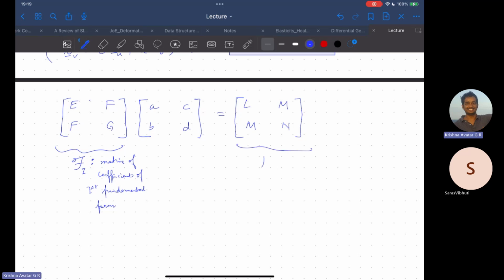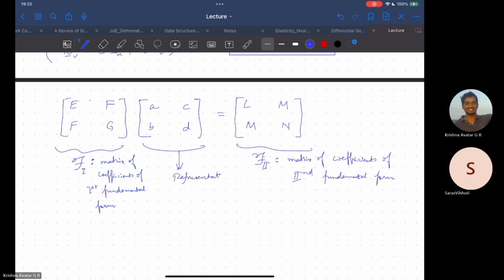And this matrix we'll call script F2. This is because it's a matrix of coefficients of the second fundamental form. Now you'll ask, what is this? This is nothing but the representation of the Gauss-Weingarten map in the sigma u, sigma v basis.